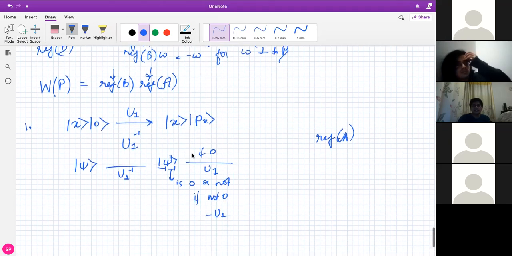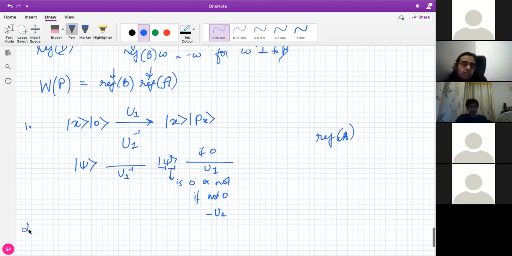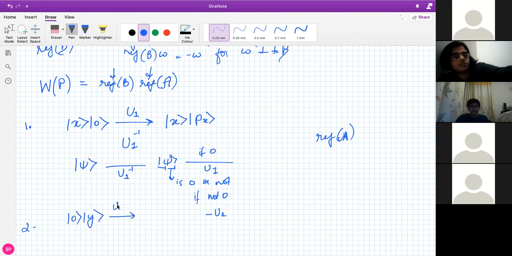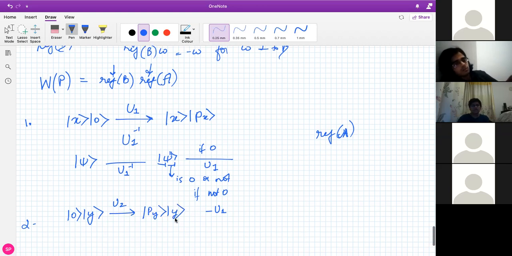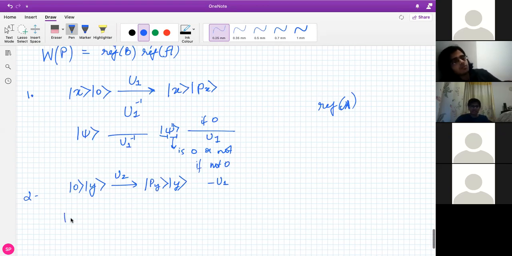And similarly, I can implement this reflection B by doing the following, that is U2, which is taking psi to y. So I'll do the same thing again. Whatever state comes to me, I will do U2 inverse and check for the first register in this case.